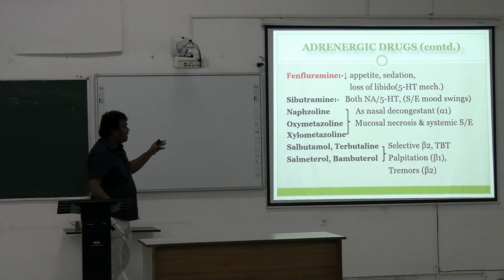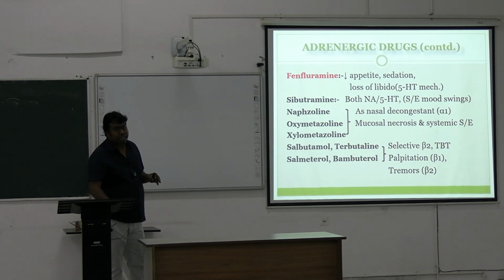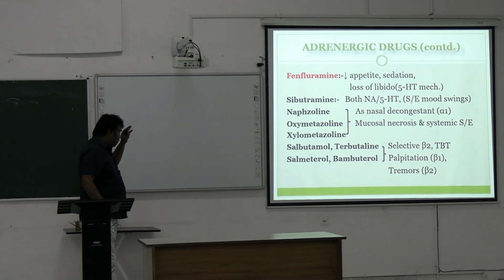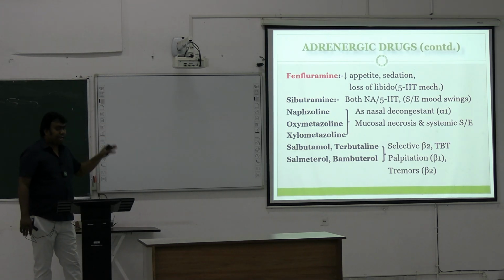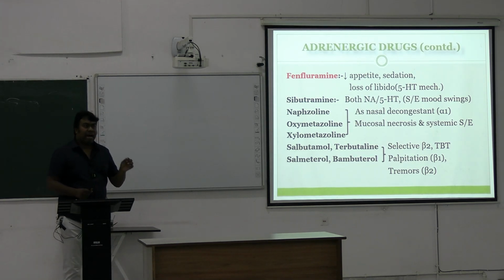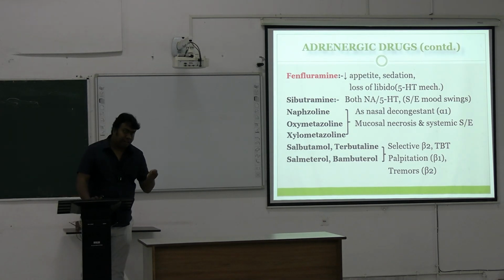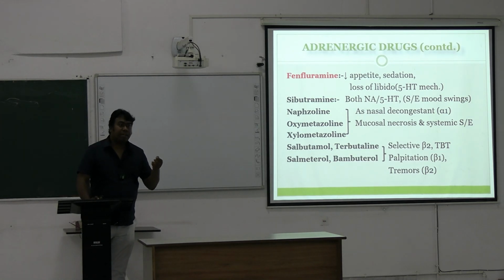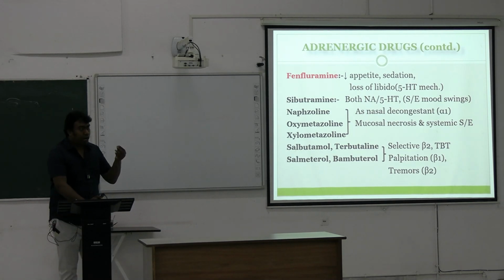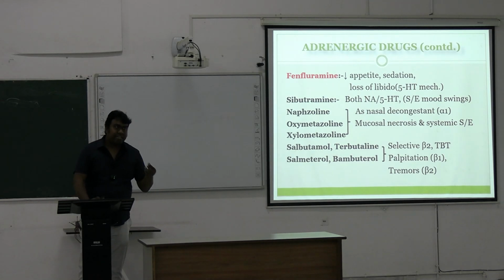Next, nasal decongestant. Nasal decongestant drugs are naphazoline, oxymetazoline, xylometazoline. They act on the alpha receptor. Where is this alpha receptor present? In the peripheral vessels, in the mucosa of the nose. So what happens? By stimulating this alpha 1 receptor, a lesser amount of fluid can pass through this vessel to the mucosal third space. So mucosal edema will be reduced.